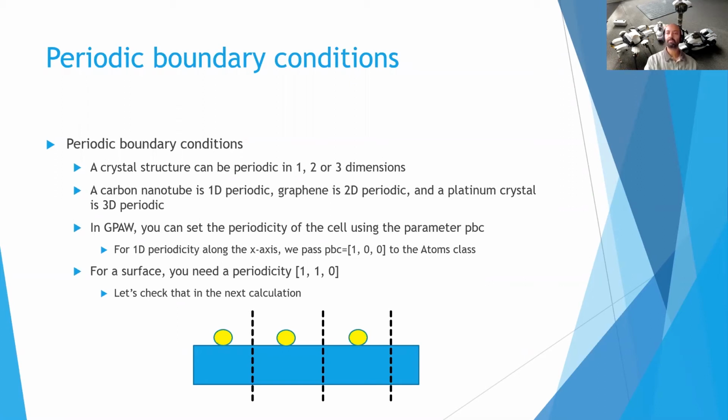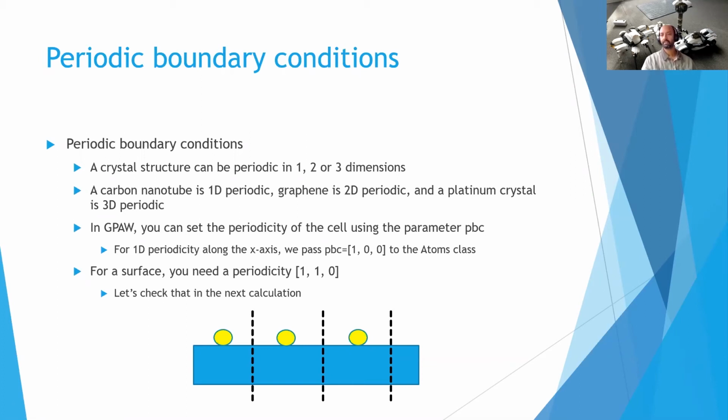In GPAW, you would set this by pbc equals 1, 1, 1. If the system is like graphene, with 2-dimensional periodicity, then it is 1, 1, 0 in this list here. If the system is like a nanowire, then it is 1, 0, 0. And this pbc here is a setting that you put when you are instantiating the atoms object. Now in the next exercise, we're going to be doing a slab calculation.